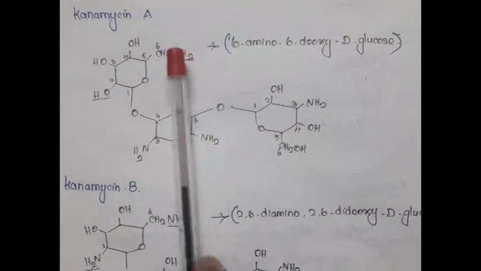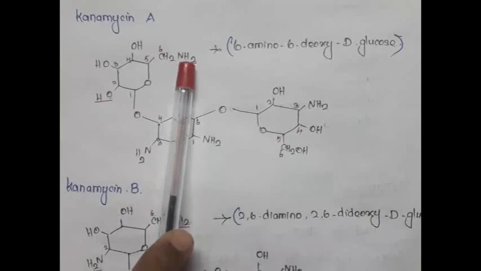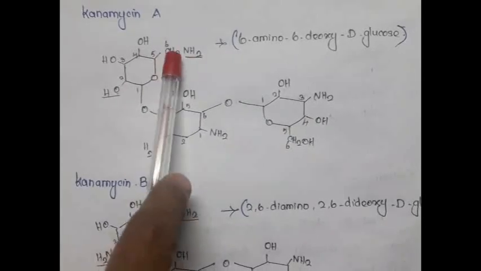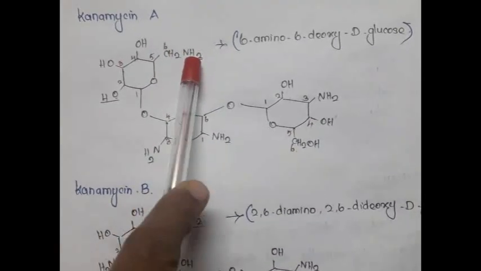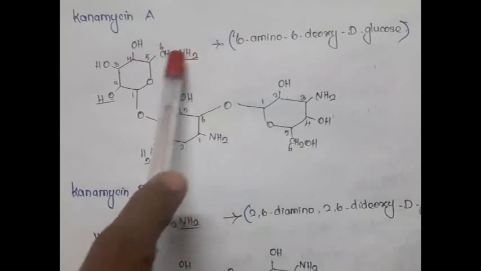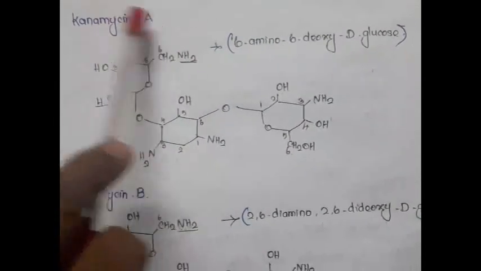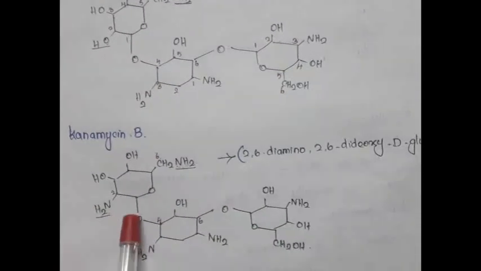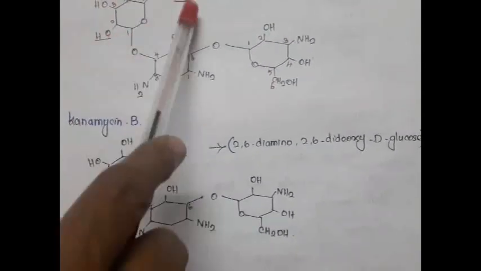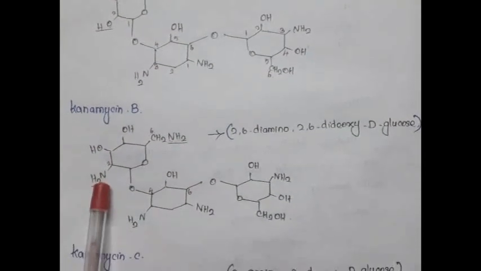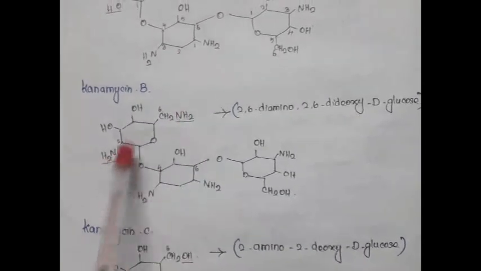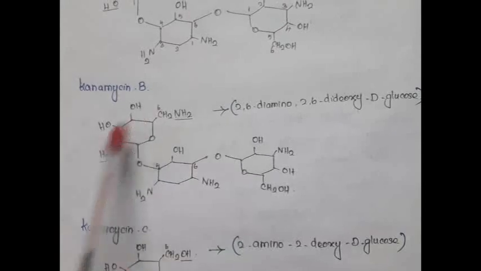Here we have NH2; if instead of NH2 there were OH, that would be D-glucose. In the sixth position, instead of OH it has NH2, that's why it is called 6-amino 6-deoxy D-glucose, present in Kanamycin A. So Kanamycin A has ring 1 as 6-amino 6-deoxy D-glucose, whereas in Kanamycin B the second and sixth positions both have NH2, two amino groups, that's why it is called 2,6-diamino 2,6-dideoxy D-glucose.